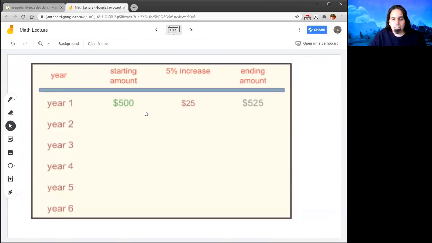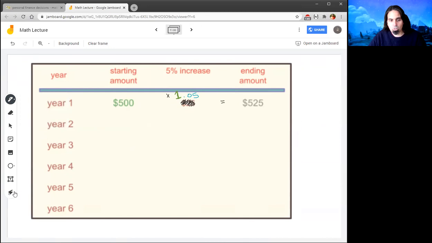There was this thing we did where instead of multiplying by 0.05, we multiply by 1.05.